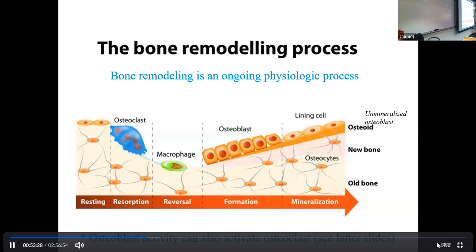Only that in a certain age group, you have higher osteoblast activity. In another age group, you have higher osteoclast activity. So remodeling of the bone is an ongoing process.